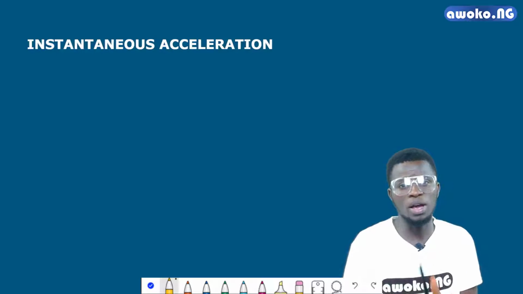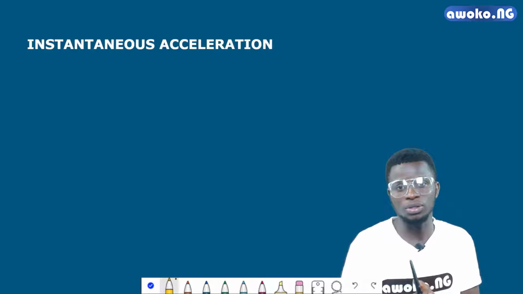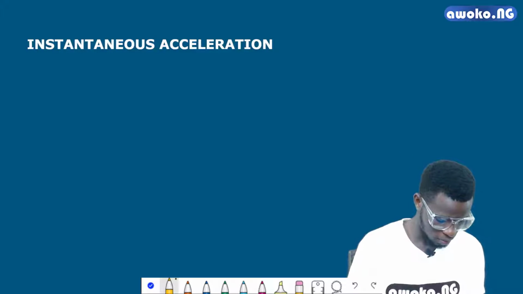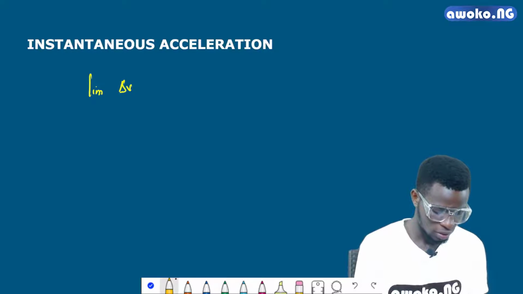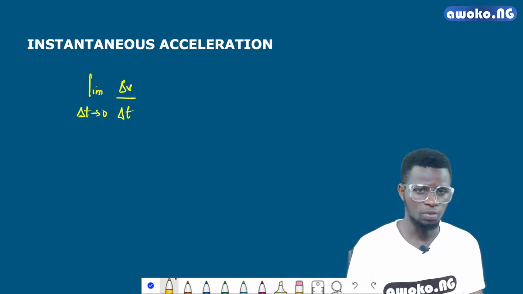Okay, so just like we have instantaneous velocity, we can also have instantaneous acceleration, and instantaneous acceleration is simply the limit of the change in velocity to the change in time as the change in time approaches 0. Is that okay?